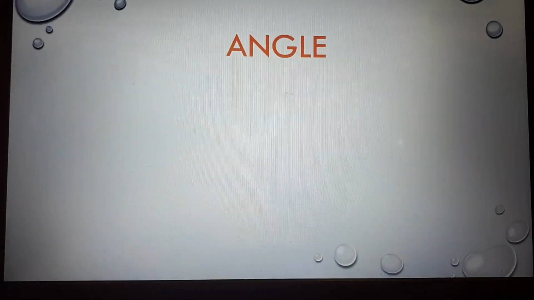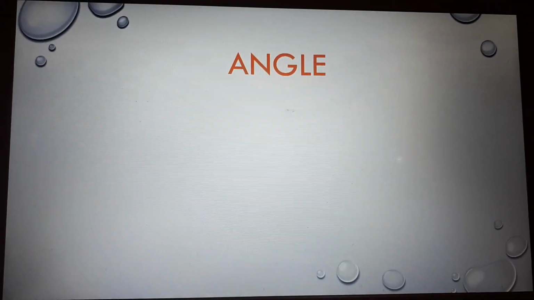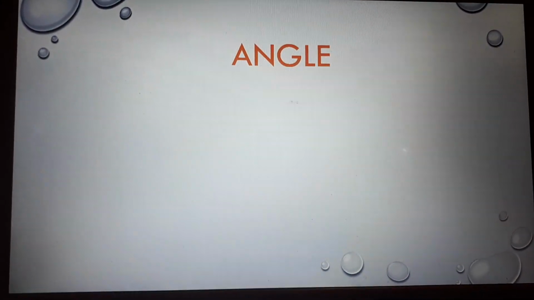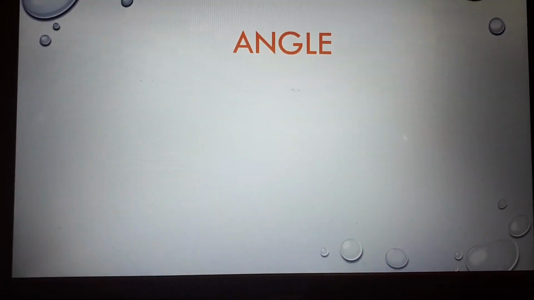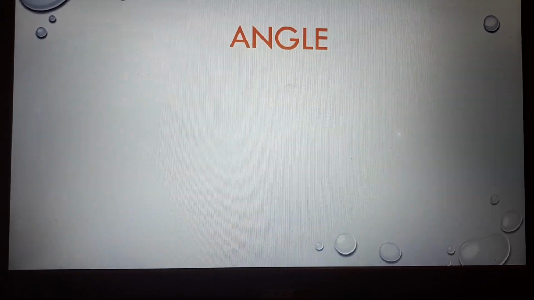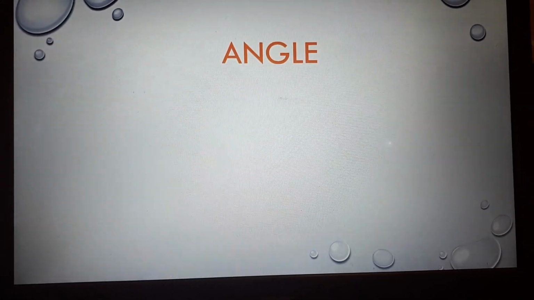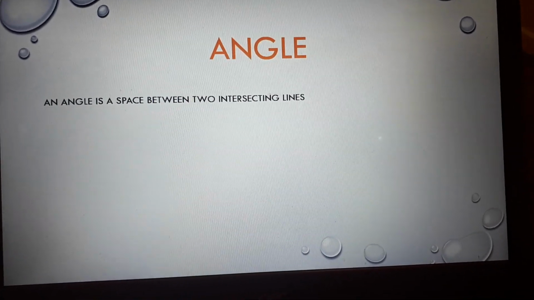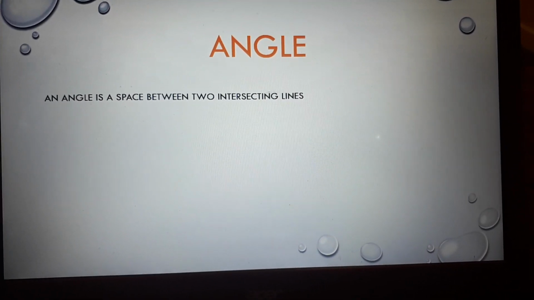Now, what is an angle? This is a new word for you. Remember last week when we took the word parallel? Who can remember what parallel means? Parallel lines are lines that never meet. When the lines meet, what do we call them? Intersecting lines. So an angle is the space between two intersecting lines. Let us check together.